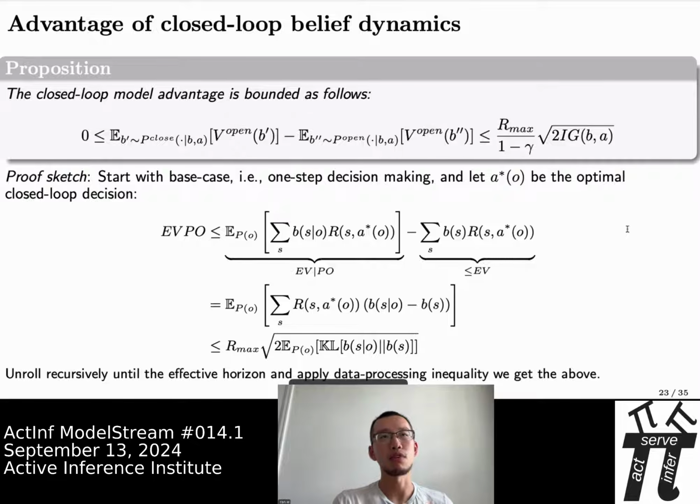A very obvious choice is to simply make up for the information gain that it loses by using the open loop dynamics and add that back to the reward function. And once you do that, then basically you got the EFE objective function in here.